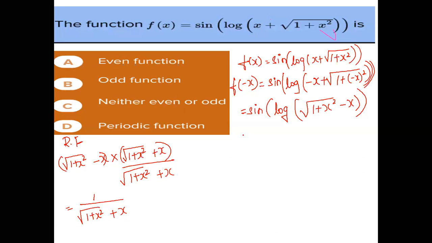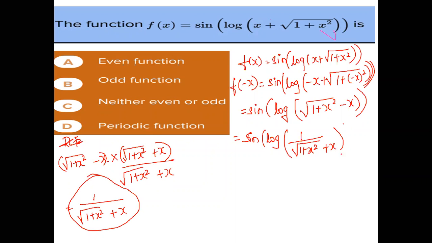Okay. So what I can do, I can write sine of log of this term, which is now equal to this particular value. So sine of log of 1 by square root of 1 plus x square plus x. Now, what is log 1 by m?